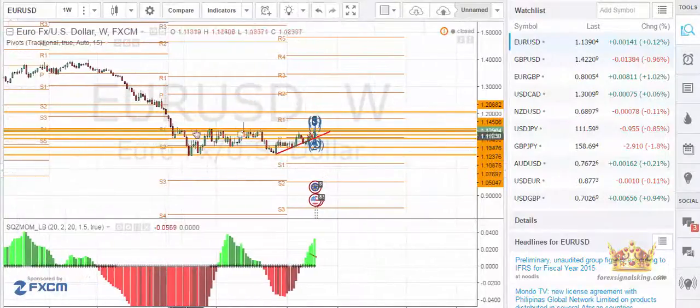We have been trading in this consolidation area since about January 2015 or December 2014. We have been in this consolidation area going all the way up to 1.1450, all the way down to 1.0450, 1.0490.